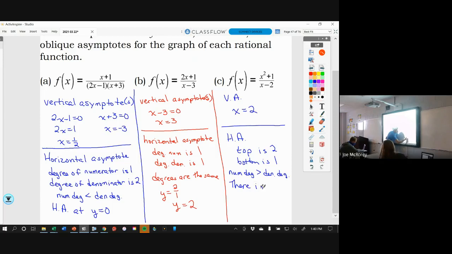There is no horizontal asymptote. But what was that other statement? If the degree of the numerator is exactly 1 more than the denominator, then there's an oblique. Is that where we are now? Yes. Degree of the top is 2, degree of bottom is 1. There's a difference of 1.